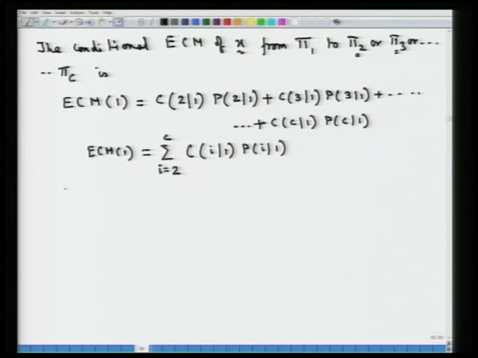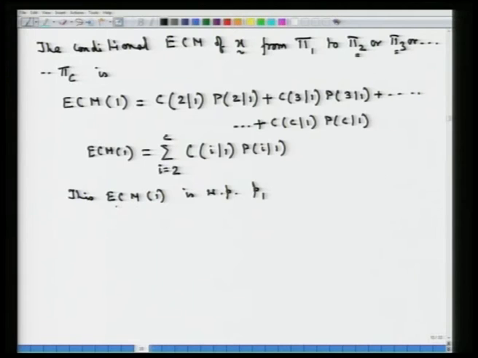Now, this ECM 1 is with probability P1, because that is the prior probability for the first population.